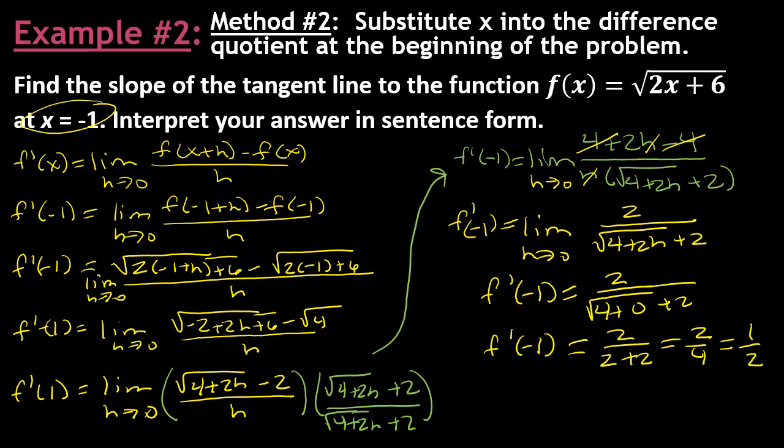All right, so the slope of the tangent line at -1 is 1/2. So what this is saying is the slope of the tangent line at -1 is 1/2.